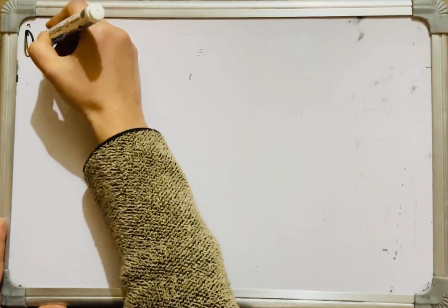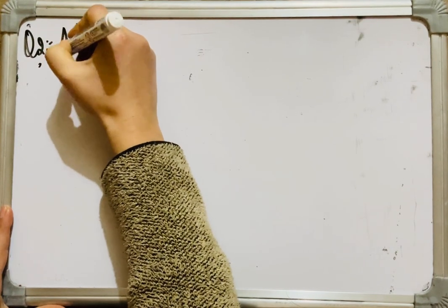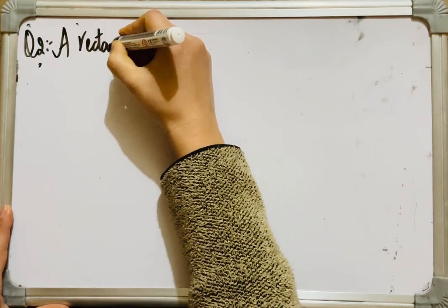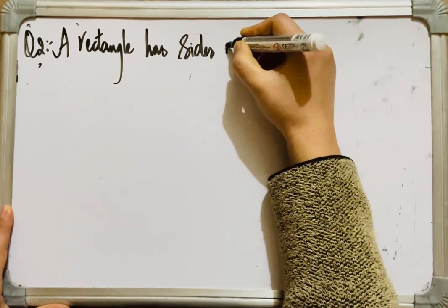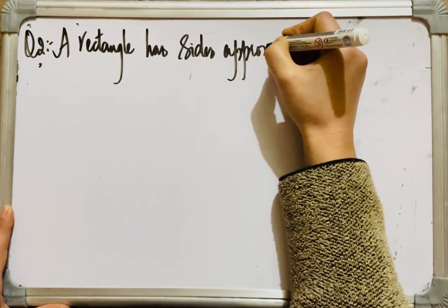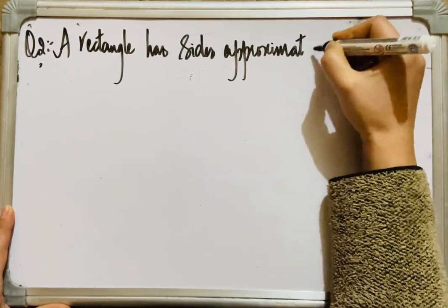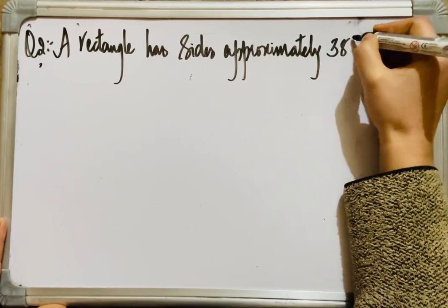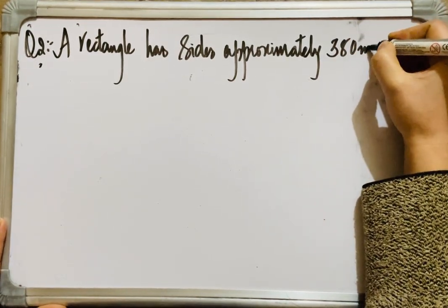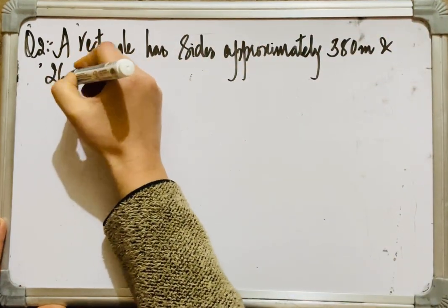All right, so let's do the next question, question number 2. The question says a rectangle has sides approximately 380 meters and 260 meters.